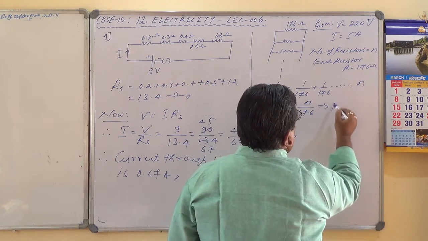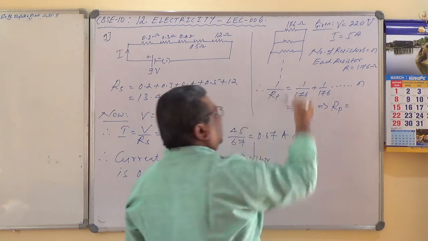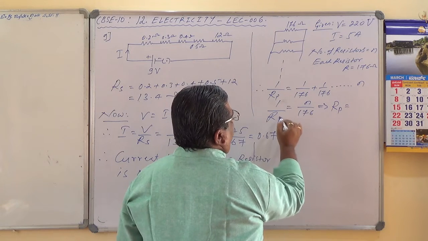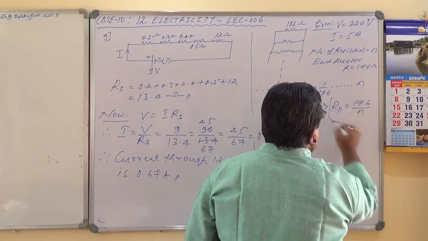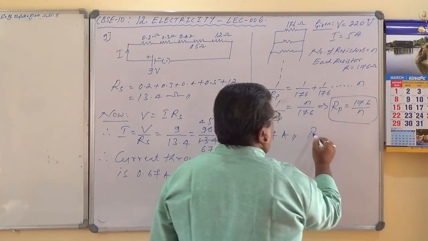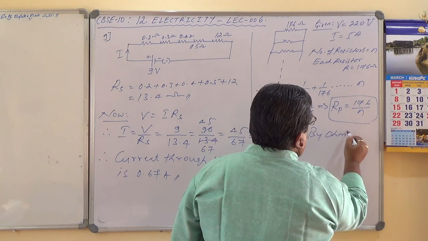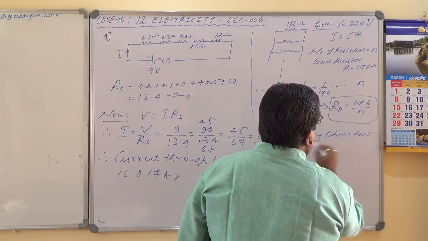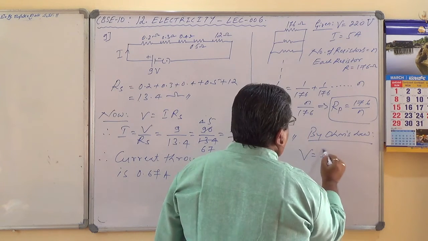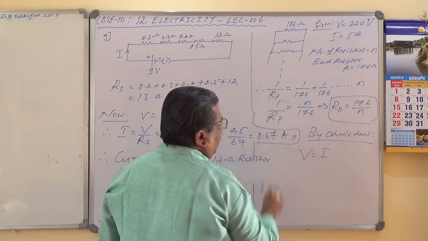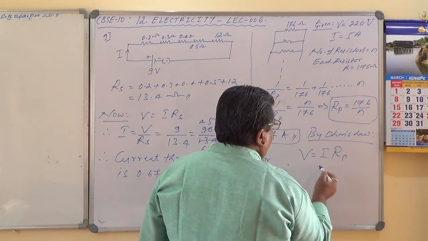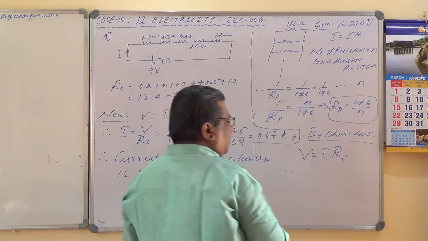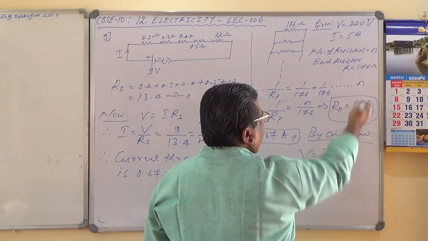So Rp equals, take the reciprocal, 176 divided by N. So by Ohm's law, V equals I into Rp, where Rp is equal to 176 by N.